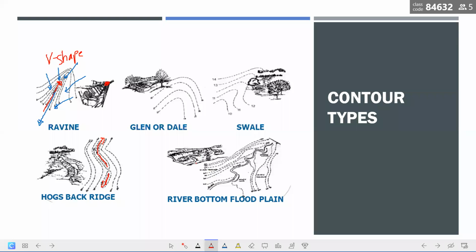And here is a river bottom floodplain. A river bottom floodplain is essentially a flat land that is surrounded by steeper sections of the landscape. Usually river bottom floodplains have a relatively small stream of water in the dry season, or it could actually be completely dry.